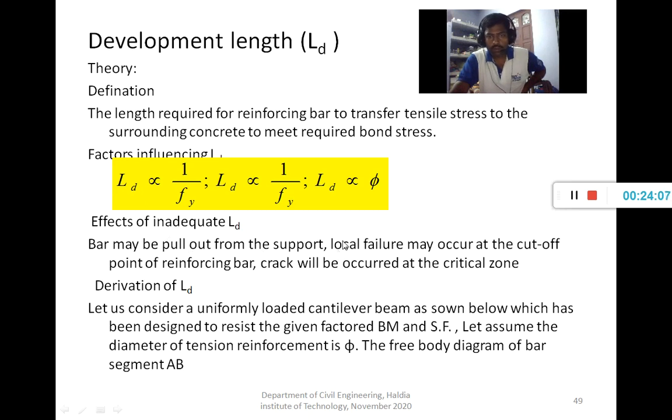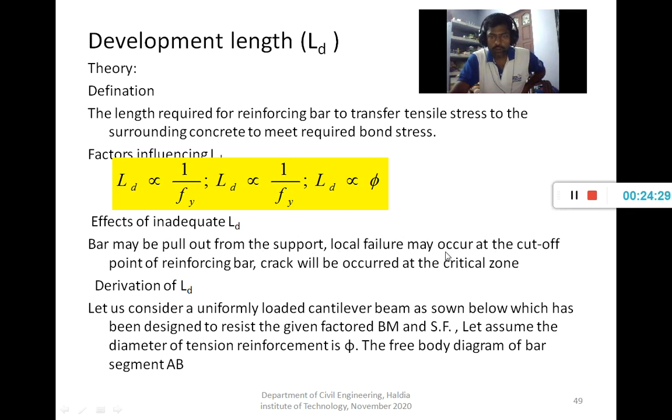Locally, the portion which has the maximum stress fails. The local cracks occur at the cutoff point of the reinforcing bar, where the bar is terminated.